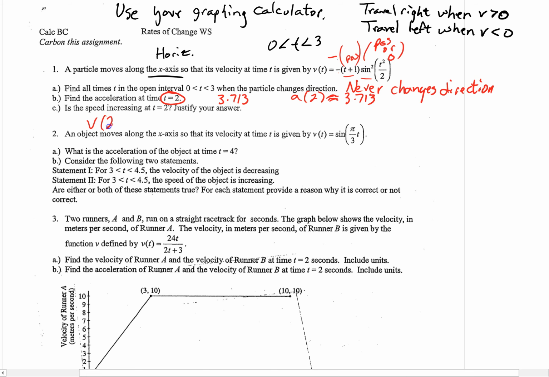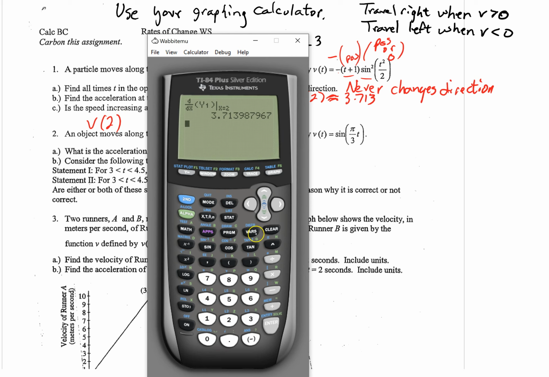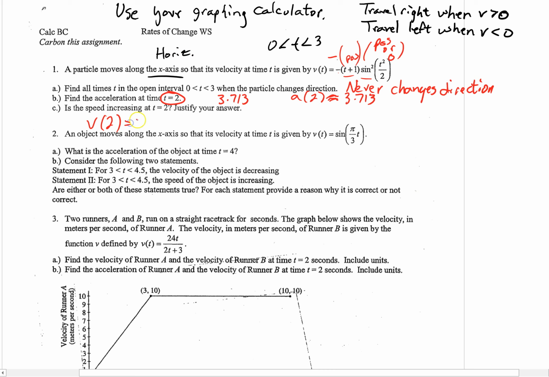Well, what about v of 2? Look, at v of 2, if I did vars, y vars, function, look at this. Just like with function notation, we can just put parentheses around it. You'll get negative 2.480. So velocity is negative.